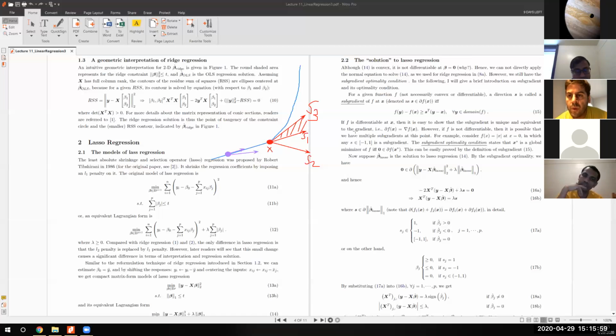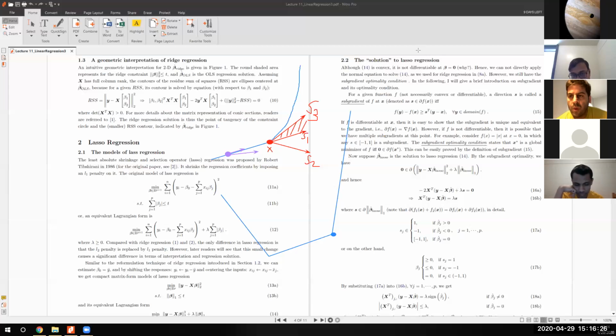Get the point? Let me ask you another example. How about this case? Let me draw lines. Suppose my function is like this. How about a subgradient at, for example, this point? It's actually using the same idea. It's going to be here.